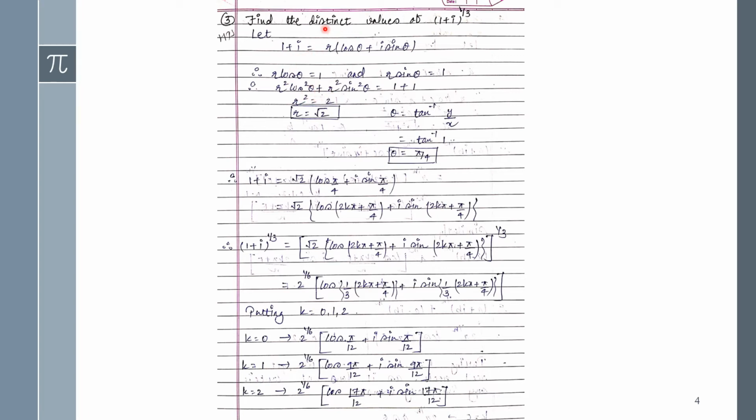So that's why I have written here 1 plus i, and based on that z equals r cis θ, that is, cos θ plus i sin θ. Now comparing both of these, you can find the values of r and θ. Now just putting all the values in this equation, I'm highlighting this equation so that you can see it.